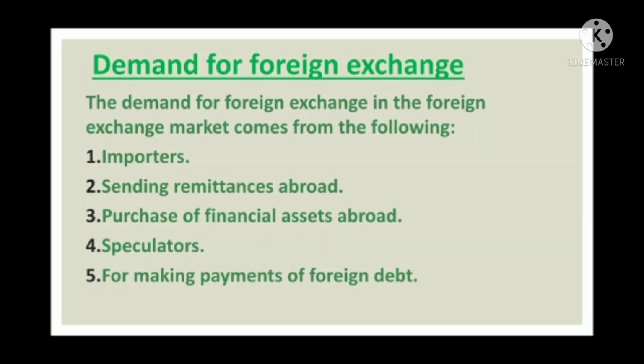Foreign exchange is also demanded by those who wish to purchase financial assets abroad. Point number 4 is speculators. Speculators are the persons who buy and sell foreign currency with the intention of making profits. Point number 5 is for making payments of foreign debts.